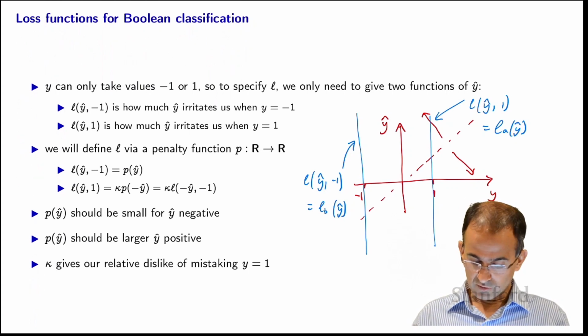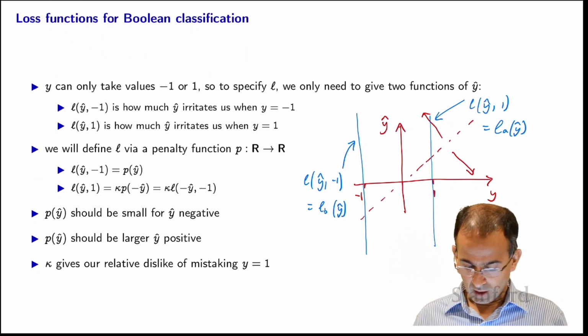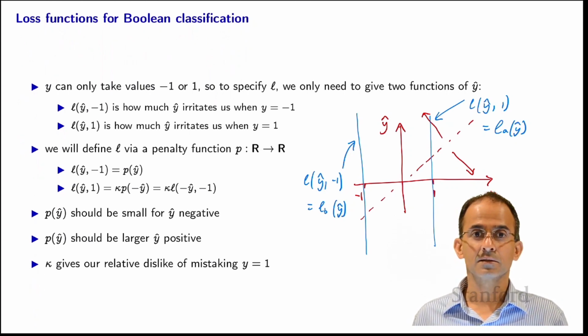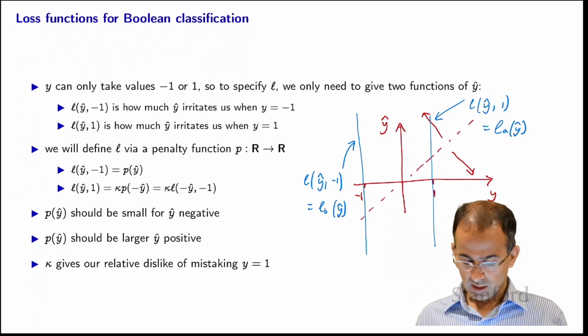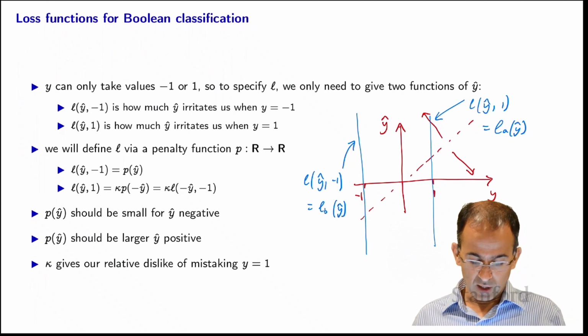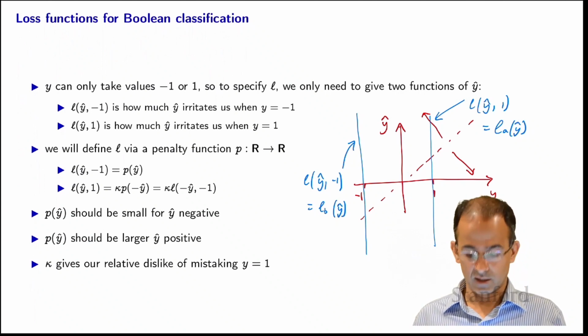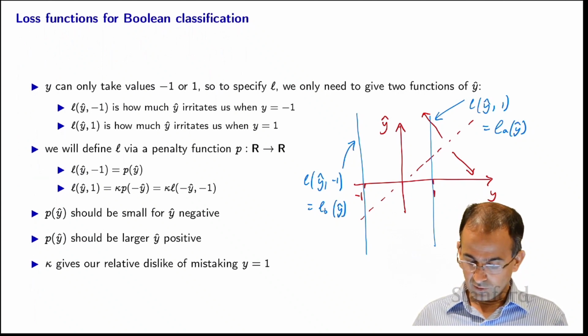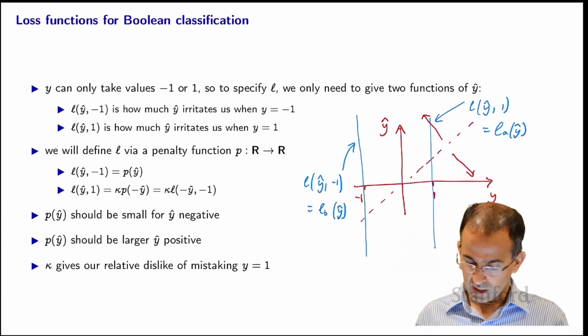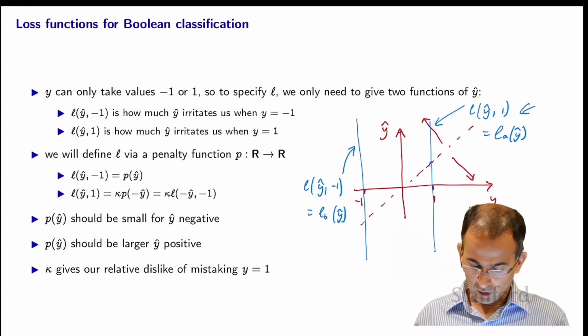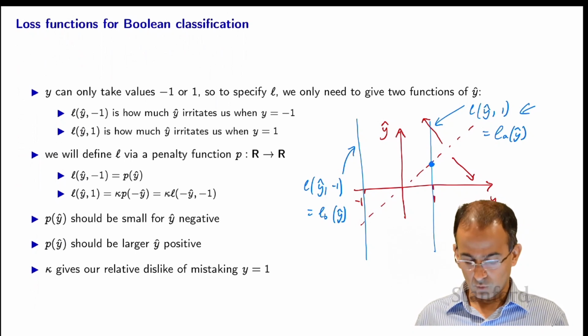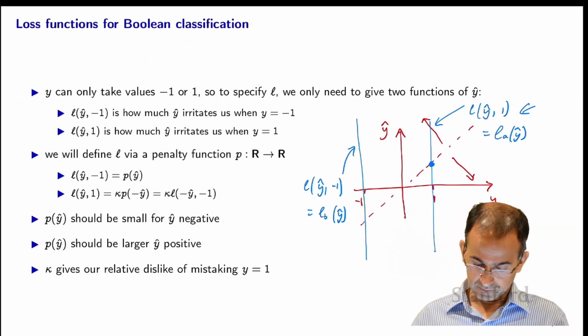And when we look at what this function LA is, it tells us how much y hat irritates us when y is 1. And the other one, LB, tells us how much y hat irritates us when y is minus 1. And we would look for this function to be small at y hat is 1 and increasing away.